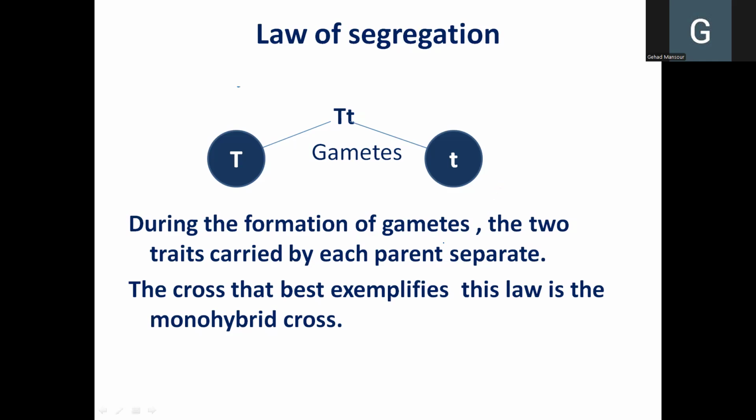You all know that, for example, during metaphase, you have this homologous pair of chromosomes along the equator. You all know that there will be separation of whole chromosomes in anaphase of meiosis 1.